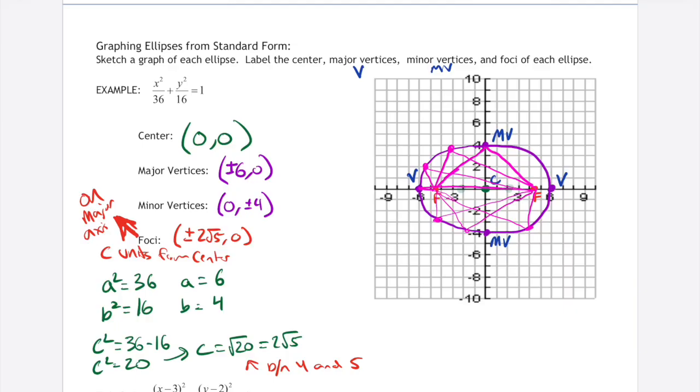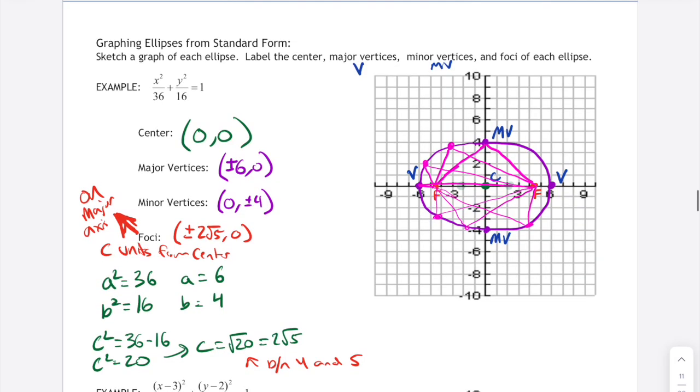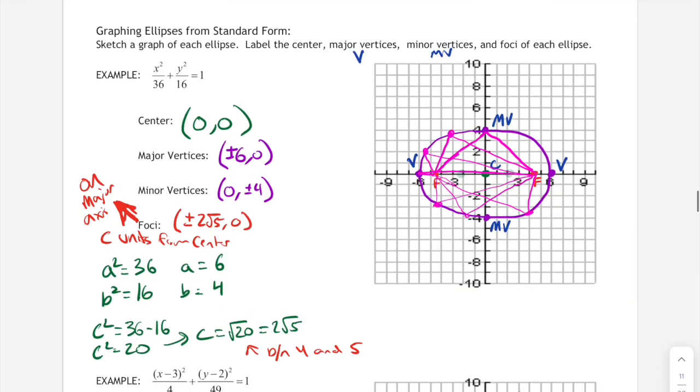So we have to demonstrate that? You won't have to demonstrate that, no. But I think it's important to know where this is coming from and know that the foci aren't just random points that we make you draw. They're actually what create the ellipse. That doesn't work for any other point?